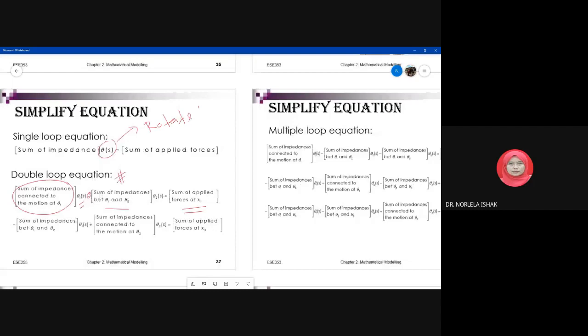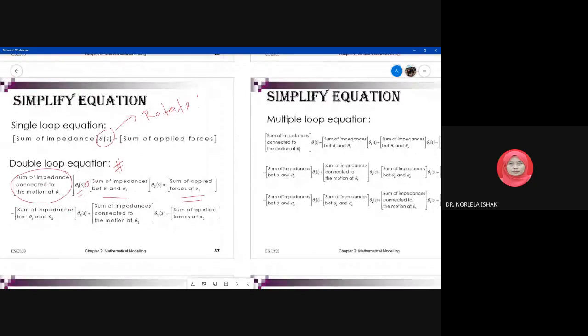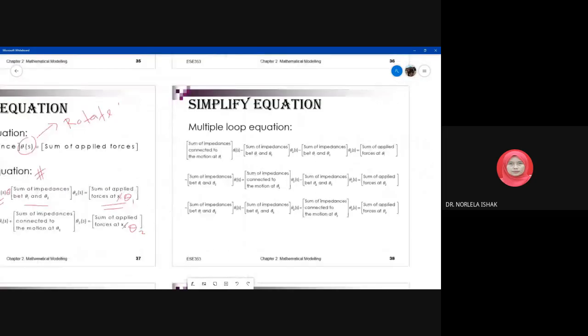This is not x, this is angular. This is theta 1, and this is also theta 2, based on angular displacement.